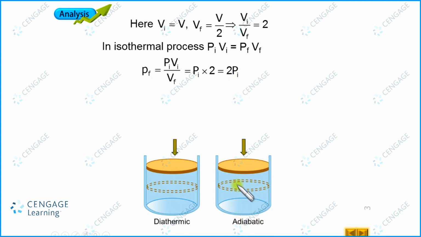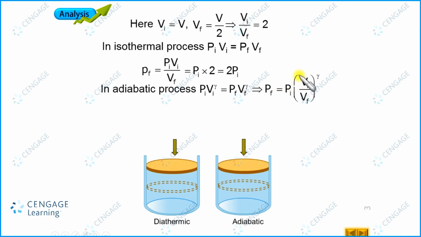Now for the adiabatic container, we need to apply the adiabatic equation. We are given the relationship of the volume, the initial to the final volume, and we need to make the relationship of the pressure. That means in case of the adiabatic process, we need to apply P initial V initial to the power gamma equal to P final V final to the power gamma. From this relation we can write P final equal to P initial multiplied by V initial divided by V final, to the power gamma, right?